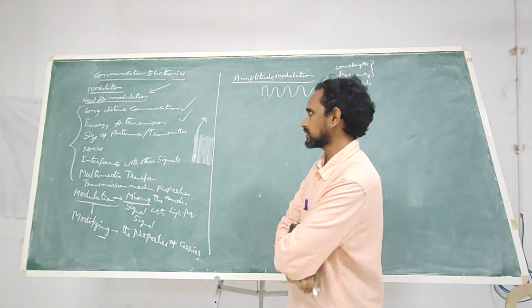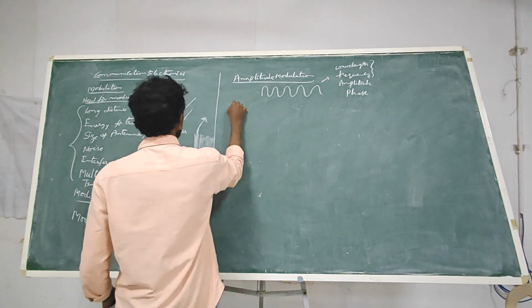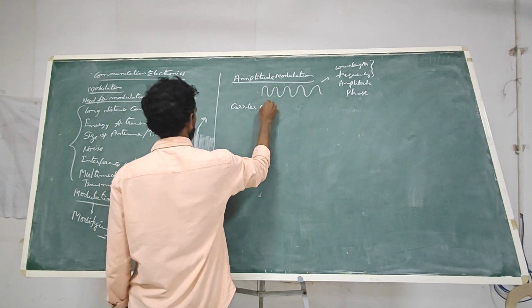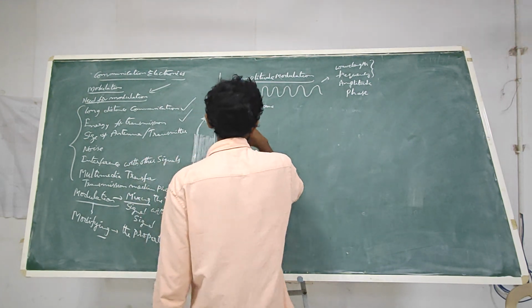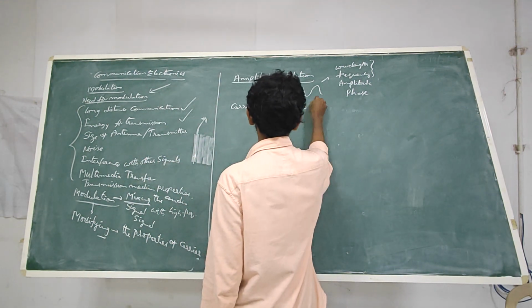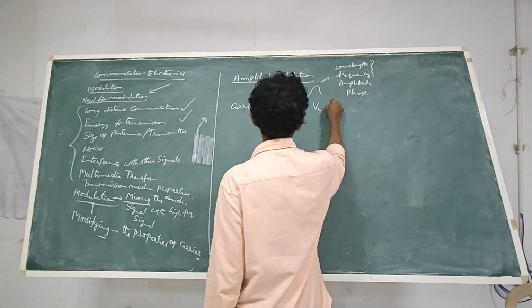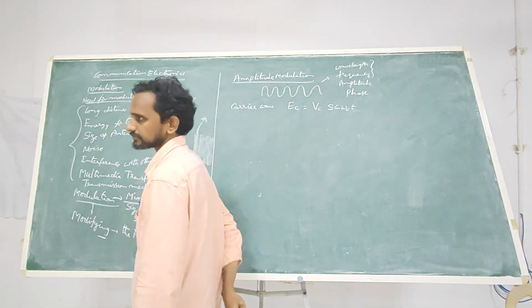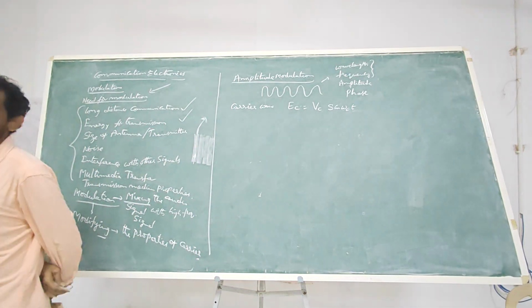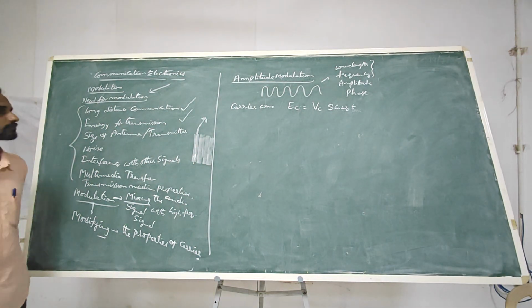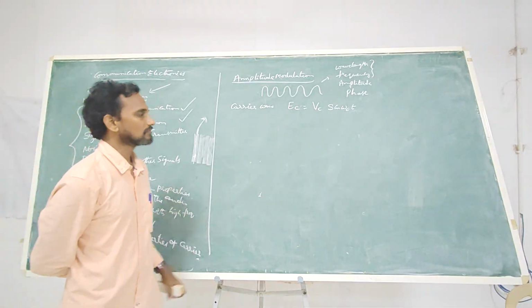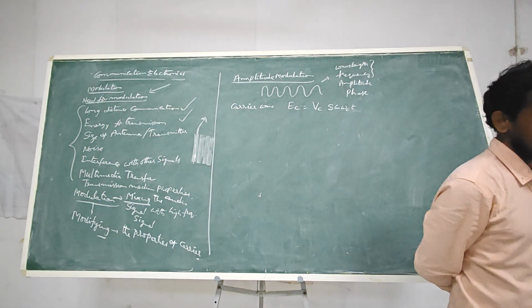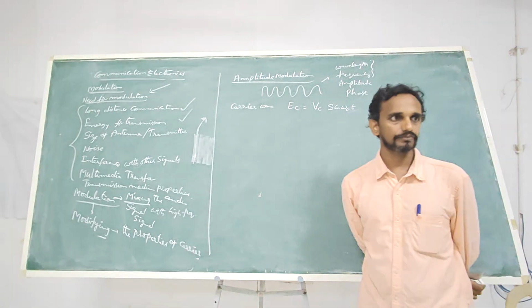Okay, so I am considering a carrier wave. It is given by e_c = V_c sin ω_c t. V_c is the amplitude, and e_c is the instantaneous displacement.